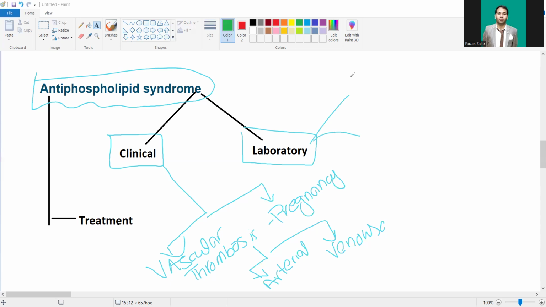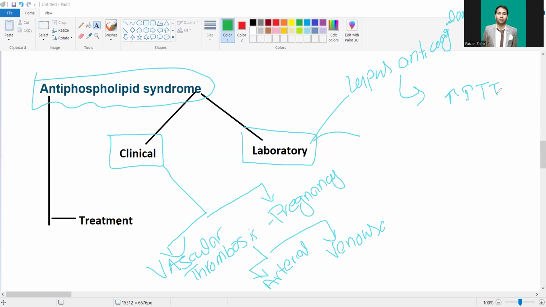The first one is lupus anticoagulant, which may prolong the PTT.